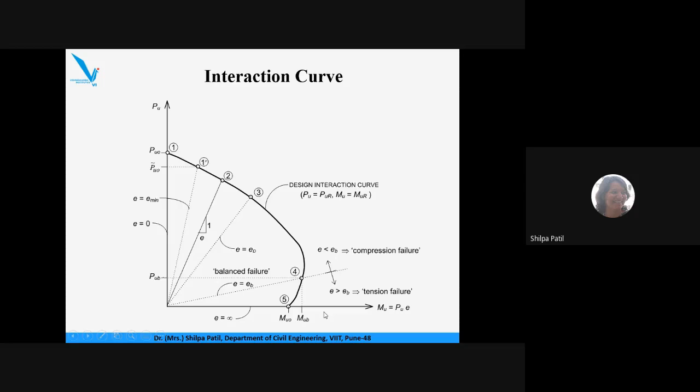It is also observed that for a specific value of load P, there is a specific value of moment M. Obviously, these values depend upon e. M depends on e. So if we know e as a fixed value, and we know P as a fixed value, M will be fixed. There will be a combination of these two.